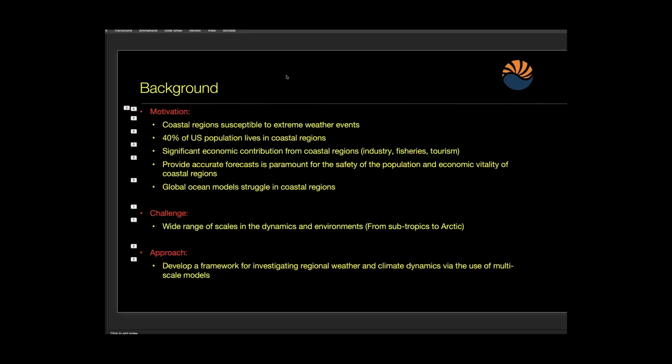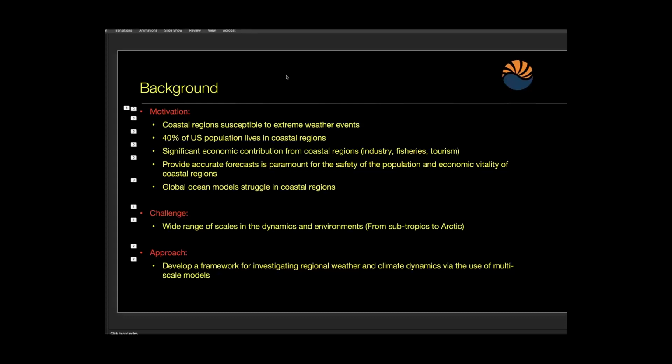Motivation. Why are we interested in coastal regions? Well, coastal regions are susceptible to extreme weather events such as hurricanes and nor'easters here on the East Coast, and storms in Alaska and the Bering Sea and other places. 40% of the U.S. population lives in coastal regions, and there's an outsized economic contribution from industry, fisheries, and tourism to the national economy.